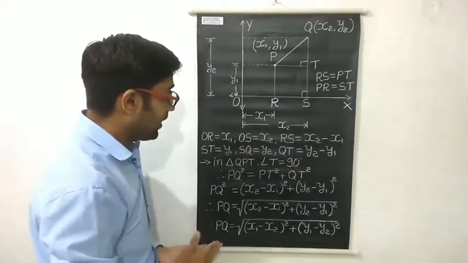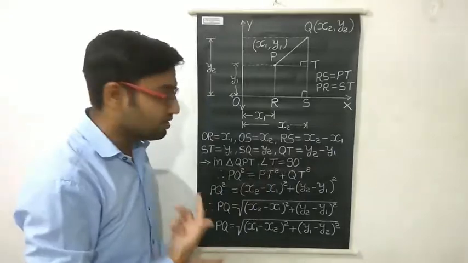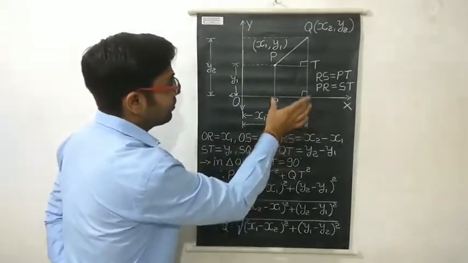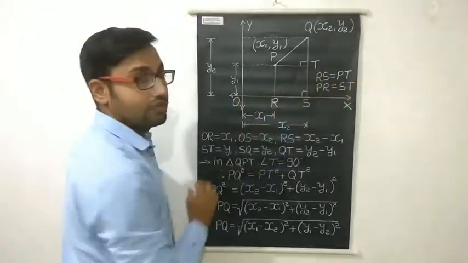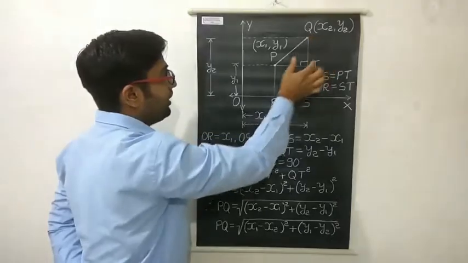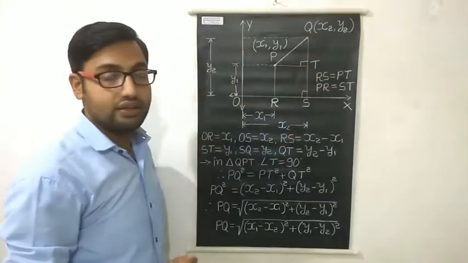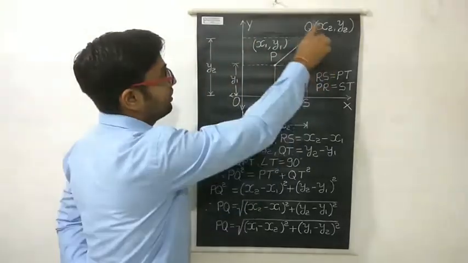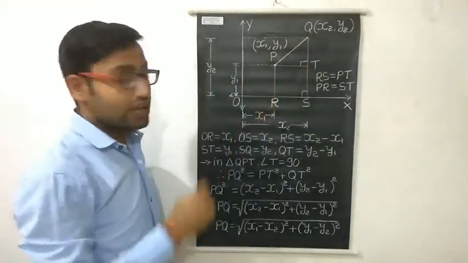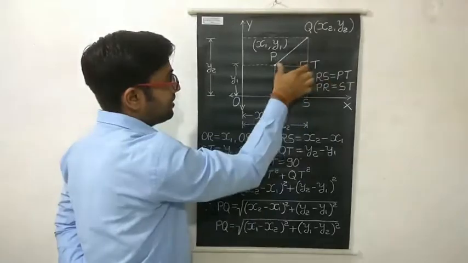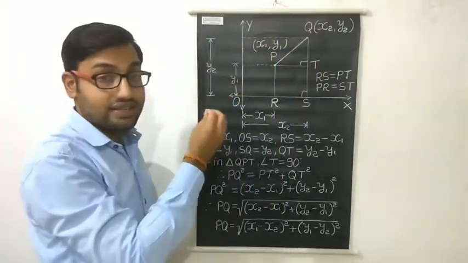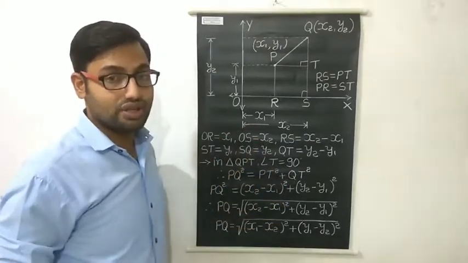So why do we get RS and QT? What is the purpose? Because RS equals PT, and we have QT here. Whenever we have QT and PT, see, a right angle triangle PQT is constructed here. Whenever we have this side and this side, we can find the third side, the hypotenuse, using the Pythagoras theorem.